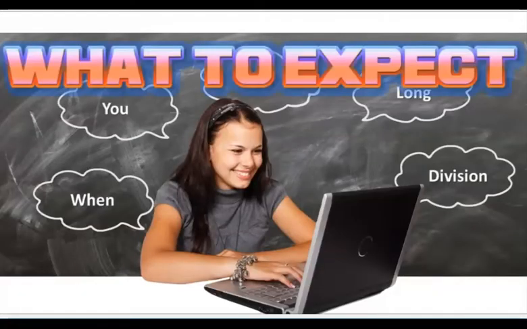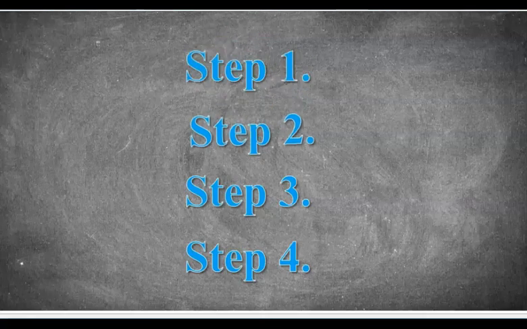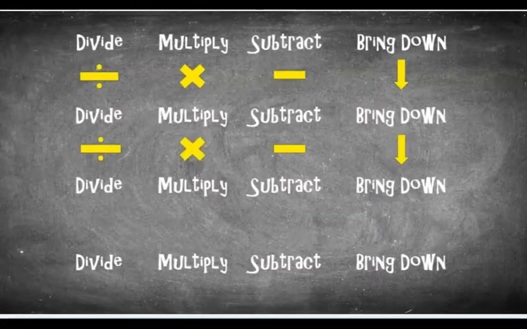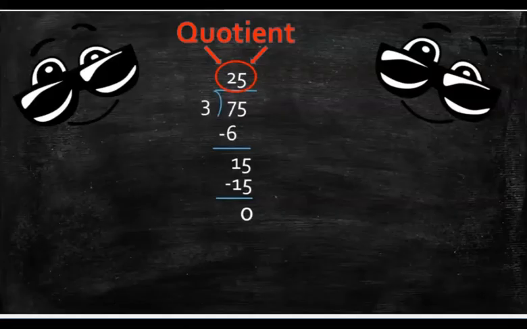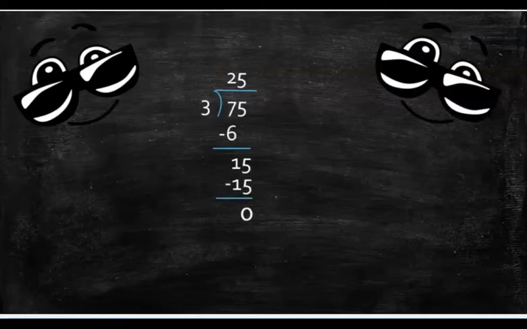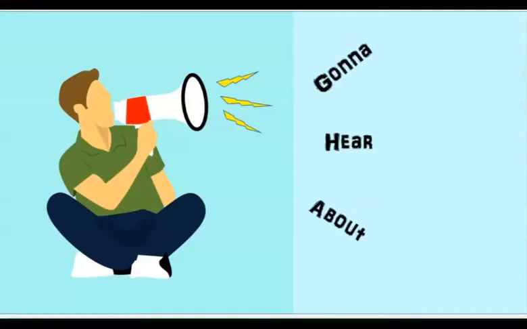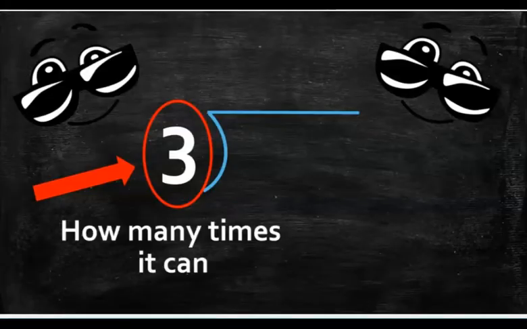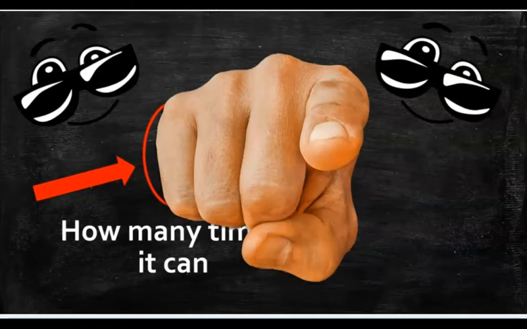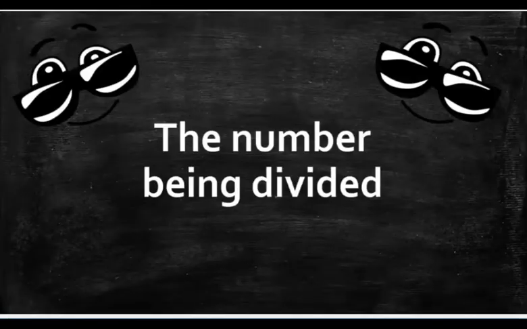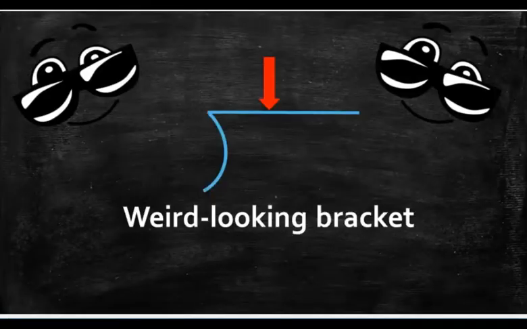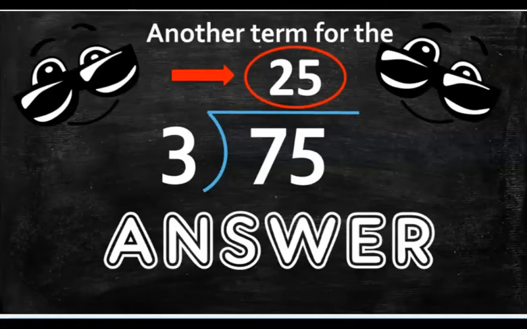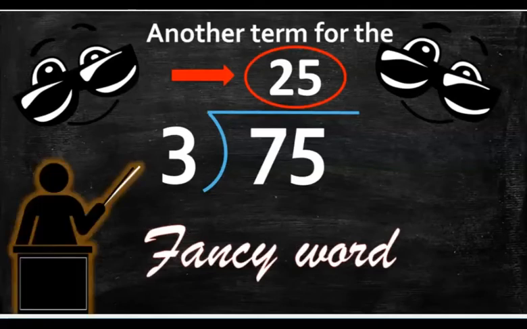Here's what to expect. You have to break the problem down into 4 simple steps. You divide, multiply, subtract, and bring down. Do it over and over until the quotient is found. Before we break the long division problem down, here's a couple of terms that you're gonna hear about. Divisor is the number that goes into another. How many times it can is what you will discover. The dividend is the number being divided. You know that weird looking bracket is the number inside it. The quotient, now that's another term for the answer. It's a fancy word, but it's what your teacher will prefer.